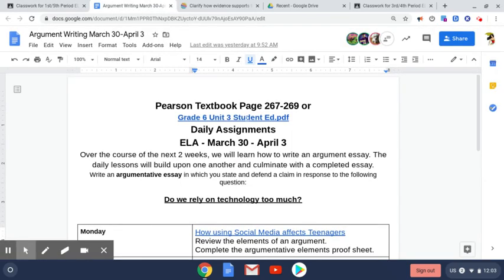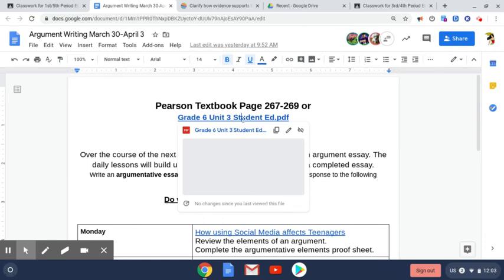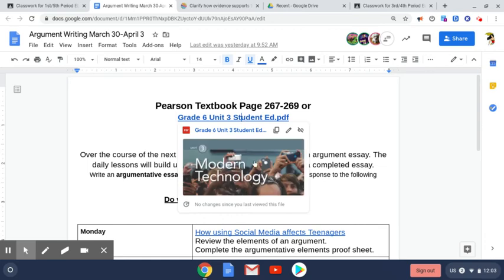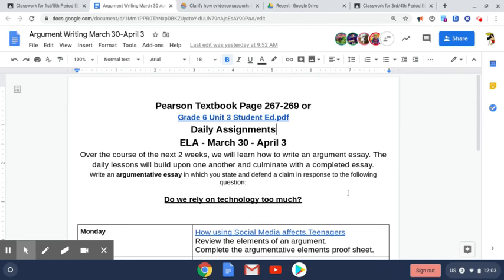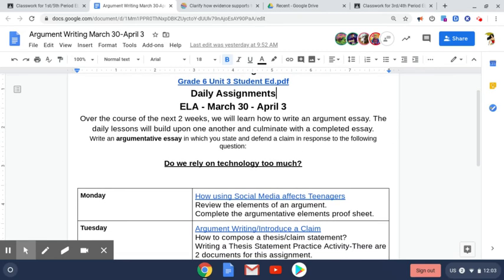Or you can go here, click the link, and open up the Modern Technology unit pages. Or many of you should have the unit pages at home that you can use and take a look at in order to get evidence. Another way you can gather evidence to support your claim is to do some research on the internet.